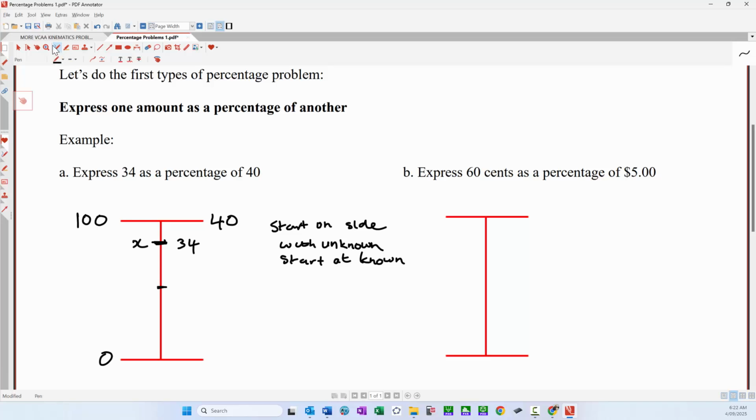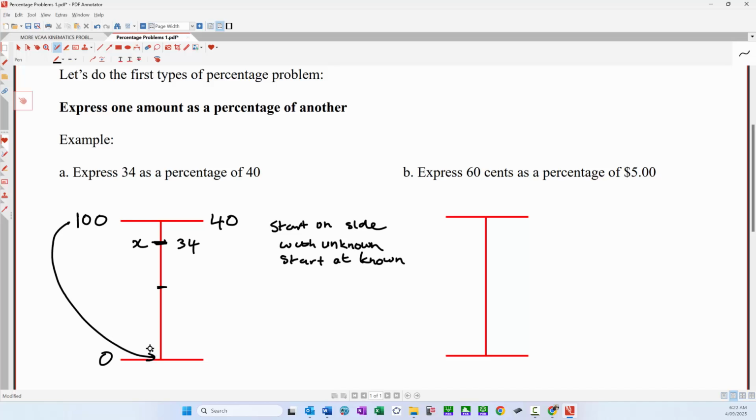Now, you start at the known, and you draw an arrow down to what would be 1% down here. Put an arrowhead on that.